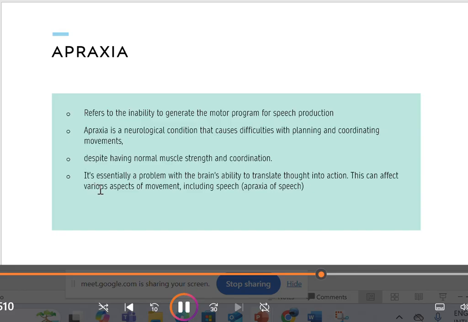It's essentially a problem with the brain's ability to translate thought into action. That is the main problem. The thought is there, but to turn it into action is the problem. This can affect various aspects of movement, including speed and speech; everything is affected by apraxia.